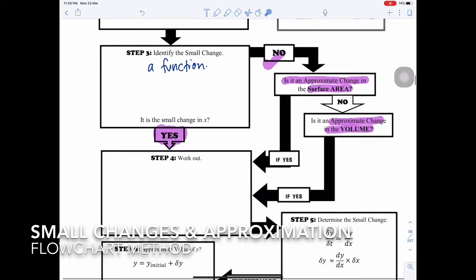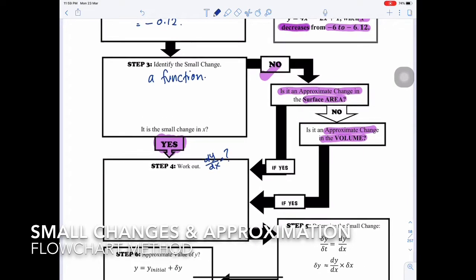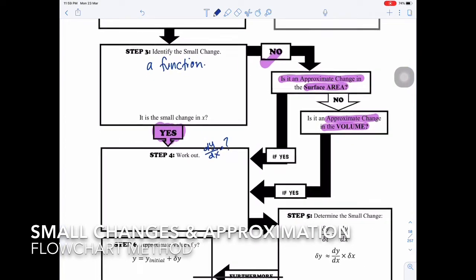Okay, so work out. What to work out here is you find dy/dx. Differentiate y with respect to x.